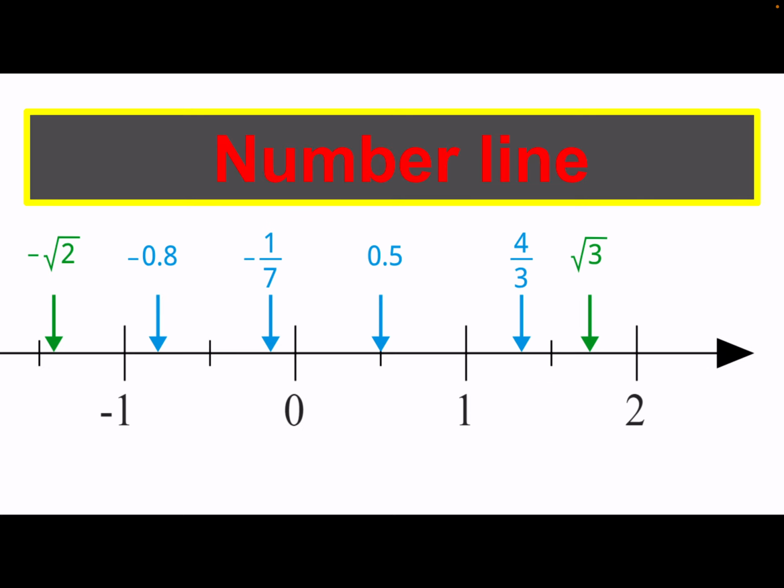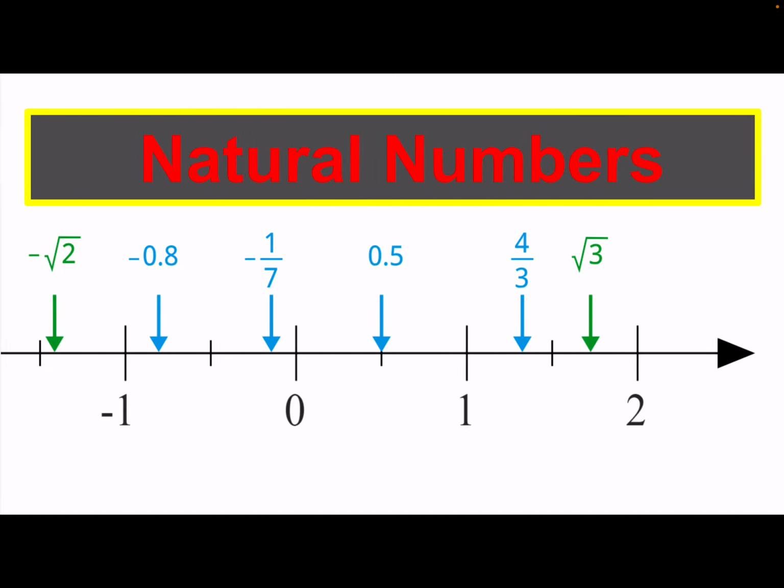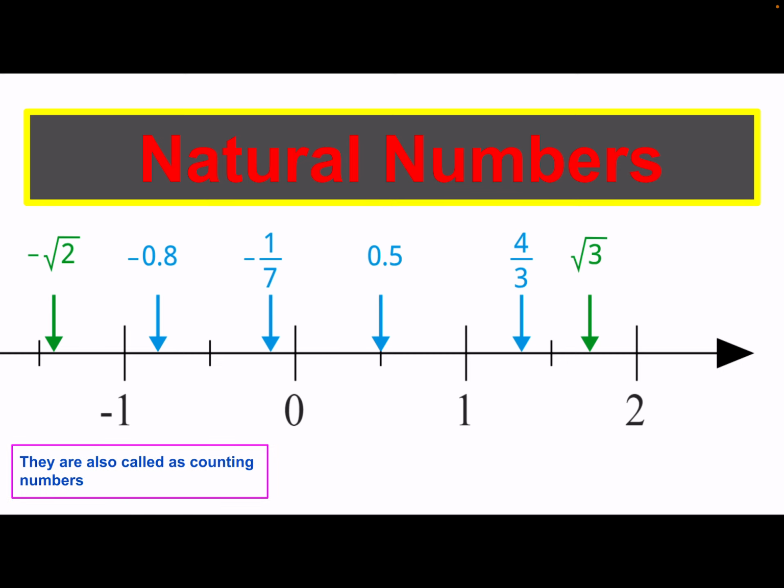So now we have a number line and it has a lot of numbers on it. We are going to do a review to see whether we have learned anything or not. So we have to find natural numbers. They are also called counting numbers. And what are they? 1, 2.